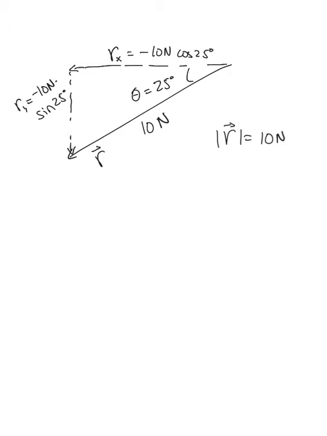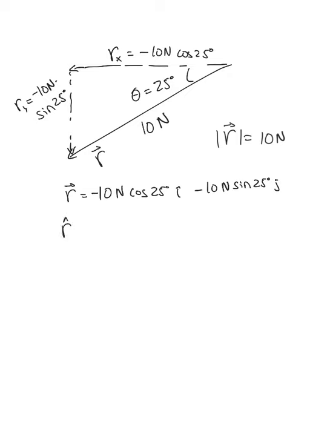Again, negative because it points in the negative direction. In terms of i hat and j hat, then I can write r vector as negative 10 newtons multiplied by the cosine of 25 degrees i hat minus 10 newtons multiplied by the sine of 25 degrees j hat.